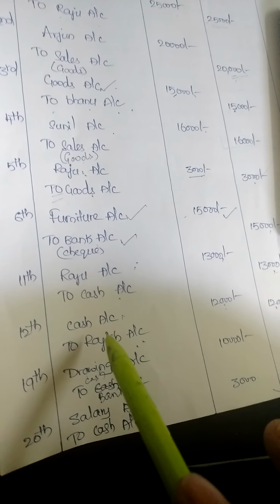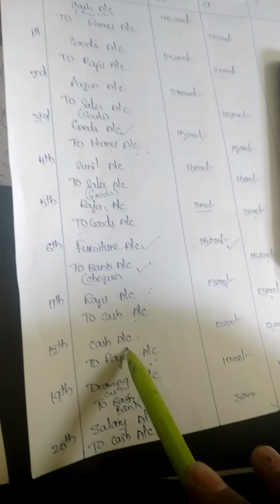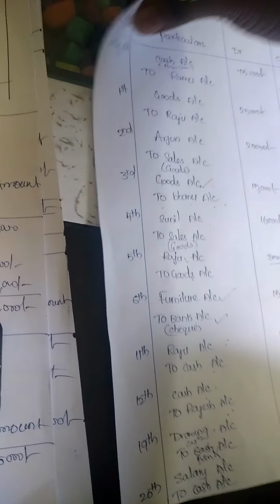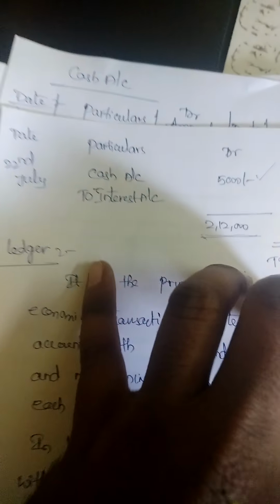here on 12th July we have one more cash account information, and next on 22nd July we have one more cash account.